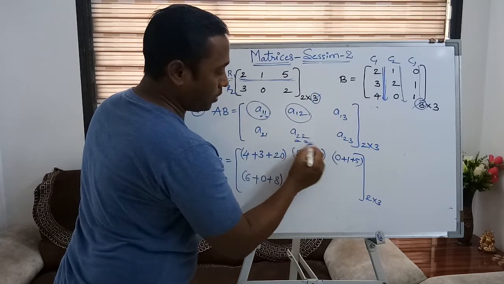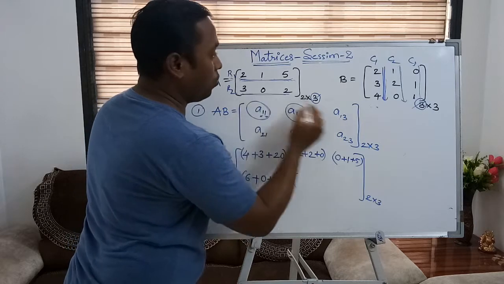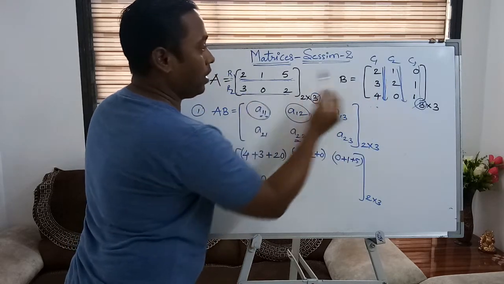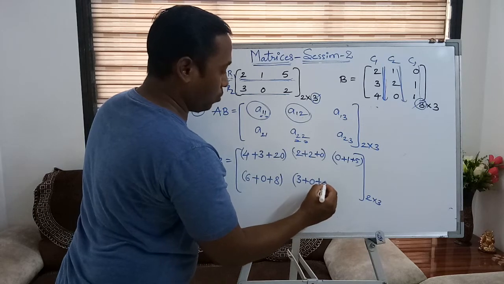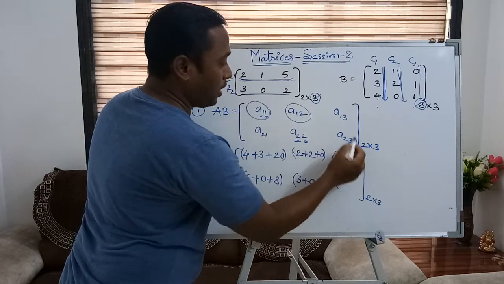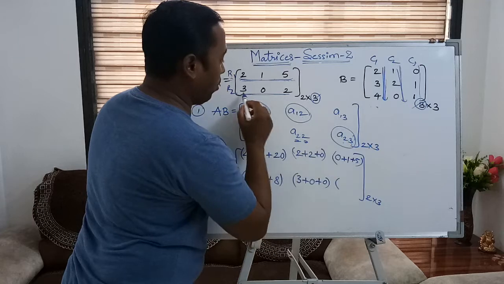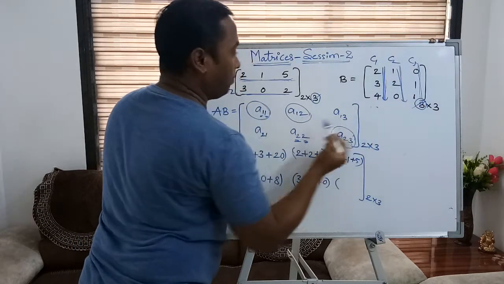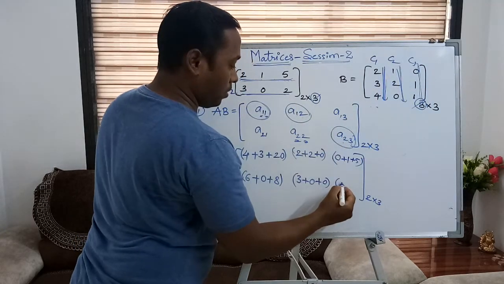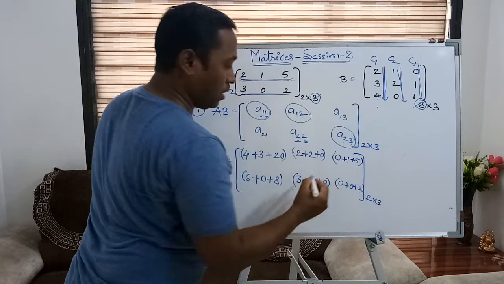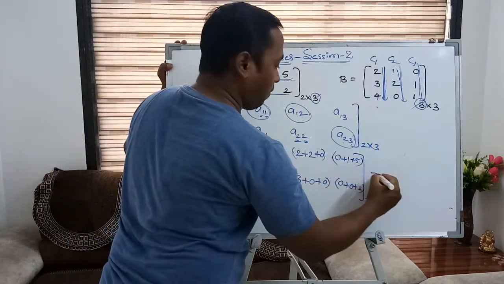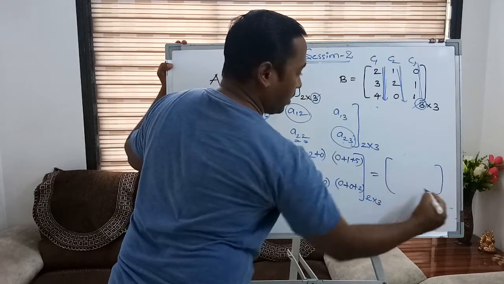A22, second row, second column: 3 1s are 3, 0 2s are 0, 2 0s are 0. A23, second row, third column: 3 0s are 0, 0 1s are 0, 2 1s are 2. So that is the final step, to write the result.